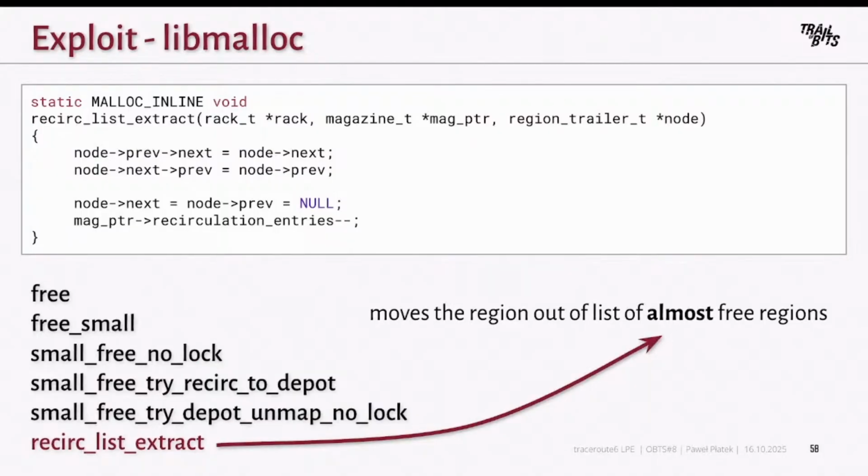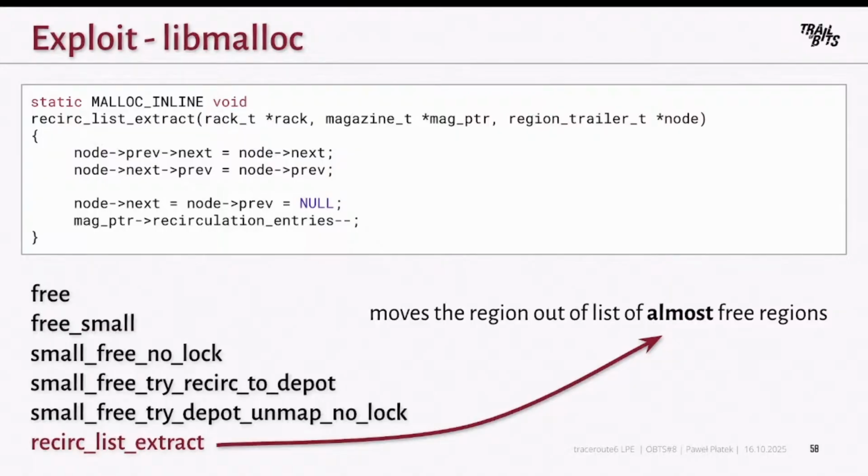Now with libmalloc, if all chunks in a region are freed, then the whole region is unmapped completely from memory. However, if a region becomes sparse, so most of the chunks are freed in that region, then it will be moved to a special magazine called the depot, basically that doubly linked list.